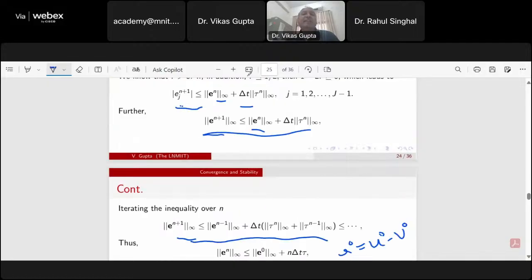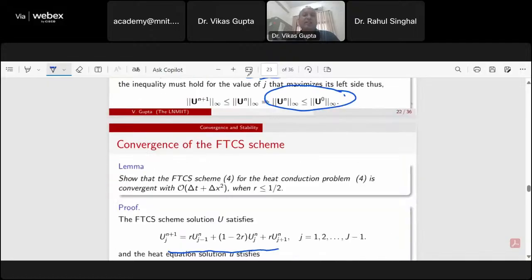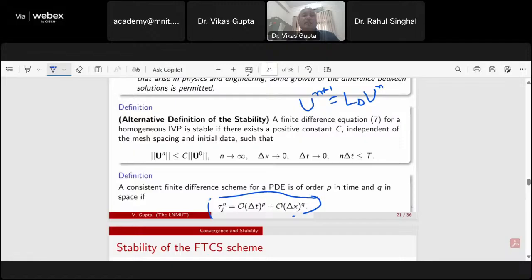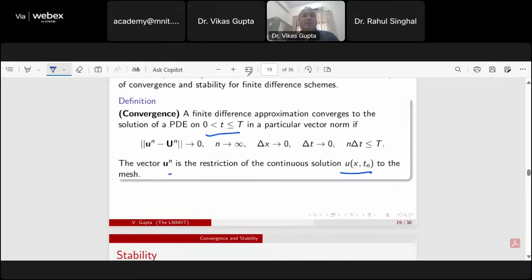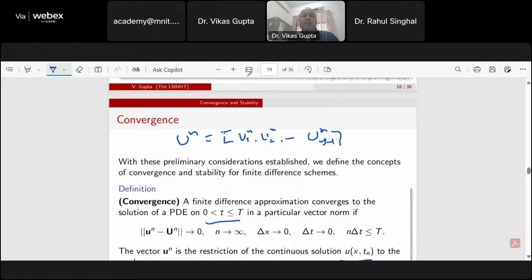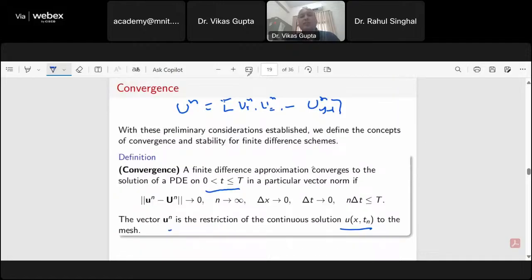As we define here, convergence of a finite difference scheme: a finite difference approximation converges to the solution of a PDE over a finite domain in a particular vector norm if the difference between the continuous solution vector and the finite difference solution vector approaches 0 in any particular vector norm as we continue to refine the mesh.